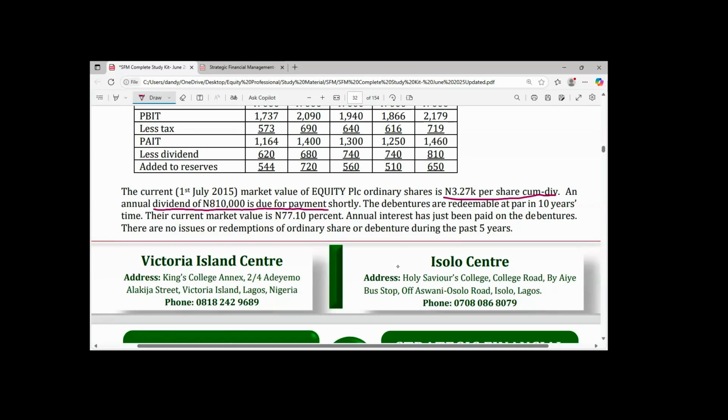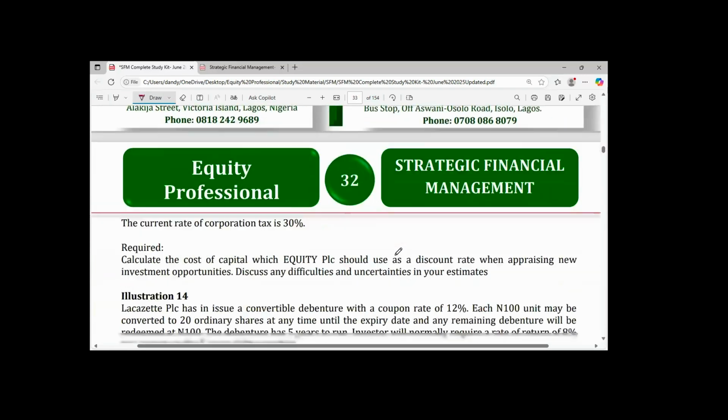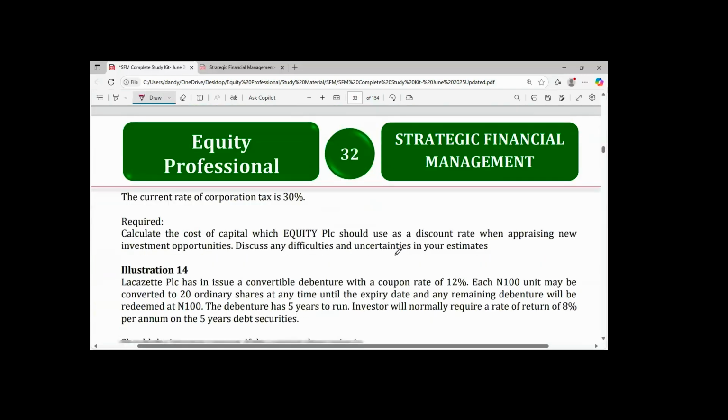The debentures are redeemable at par in 10 years' time. Their current market value is 77.10%. Annual interest has just been paid on the debentures. There are no issues or redemptions of ordinary shares or debentures during the past 5 years.